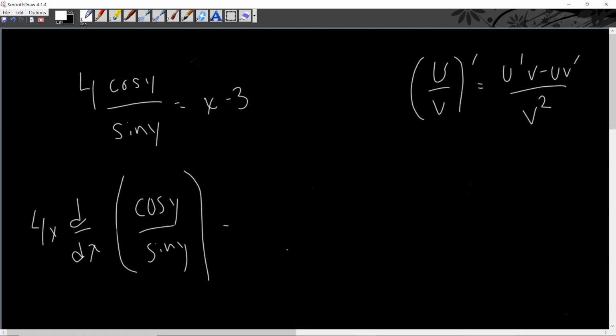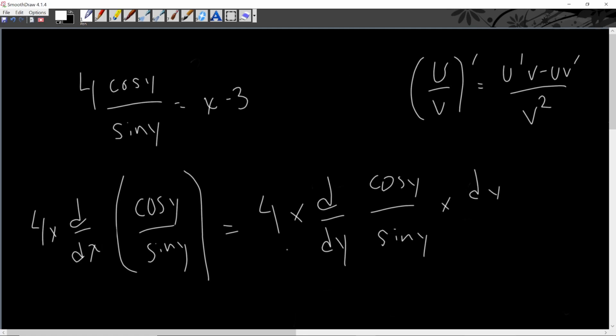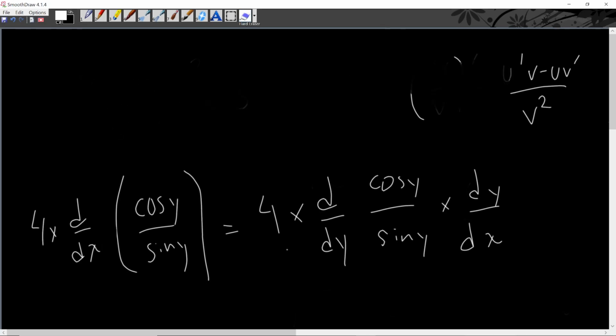And now this is just going to be the same as 4 times d/dy of cosine y over sine y times dy/dx, which is, again, what we are going to try and solve for. And from here, we just use quotient rule. We have to do the top prime, which in this case is cosine y prime.